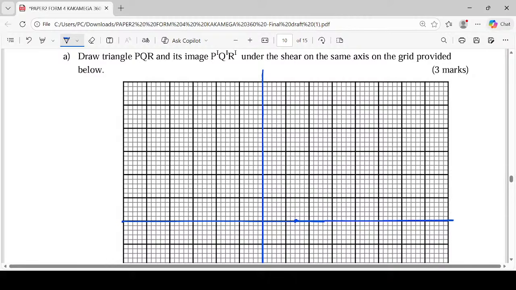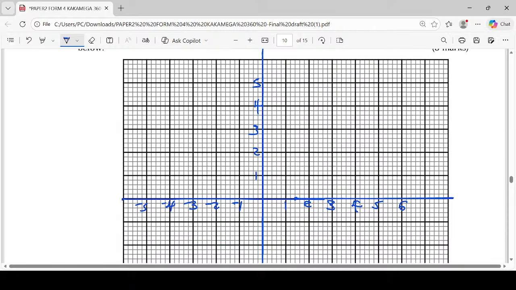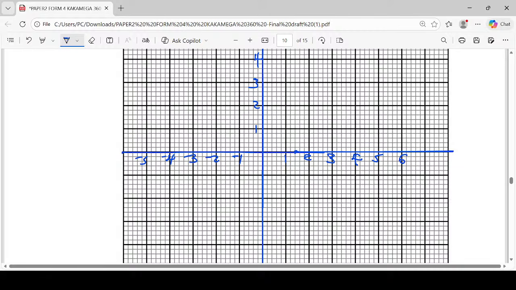Allow me to number our Cartesian plane. So this will be 1, 2, 3, 4, 5, maybe 6, and negative 1, negative 2, negative 3, negative 4, maybe negative 5 on the lower axis.